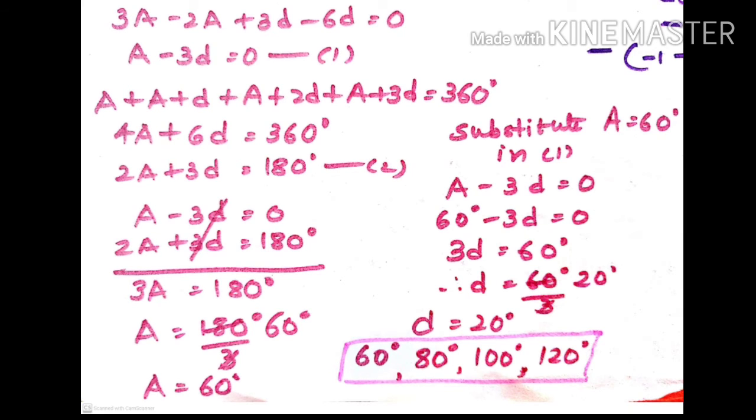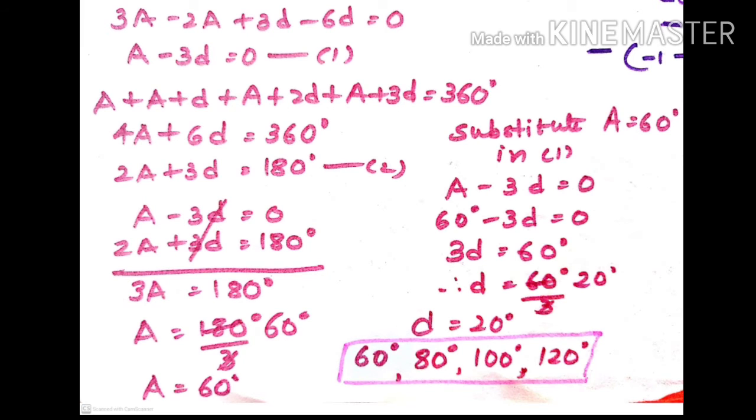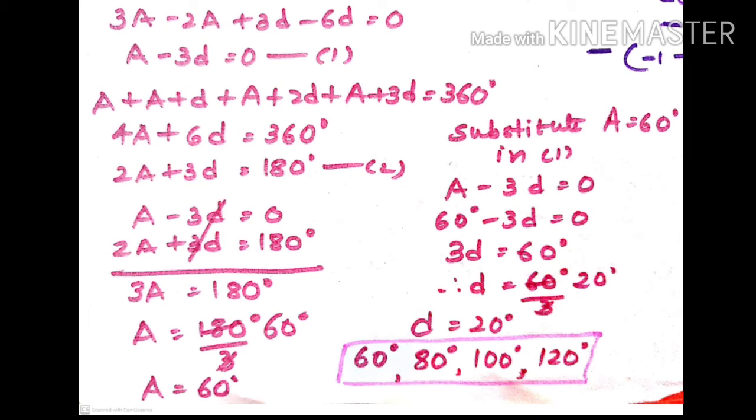Whenever, students, it is possible to reduce your equation, you can divide it by any number which is suitable. So now, taking the first and second equations together, we solve them using simultaneous equations: A minus 3D is equal to 0, and then vertically arrange the second equation, that is 2A plus 3D is equal to 180 degrees.